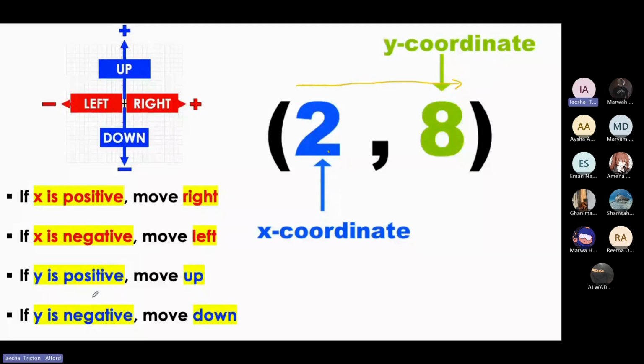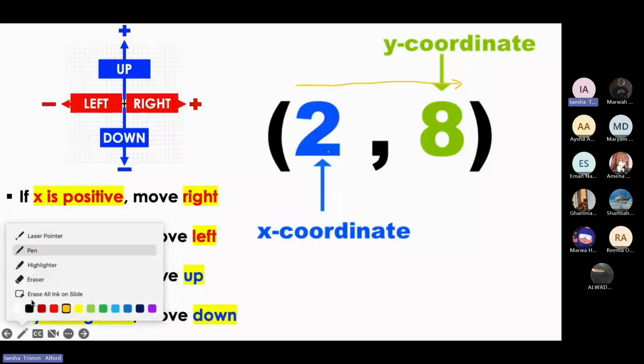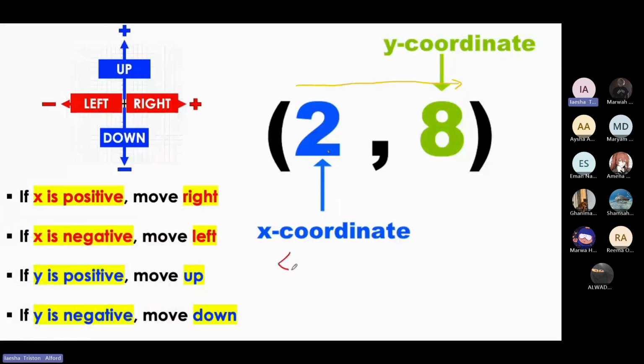When we are discussing the x coordinate and the movements for the x coordinate, x goes left and right. Please make sure you remember that this side is the left and this side is the right. If your number is positive, you're going to go right.